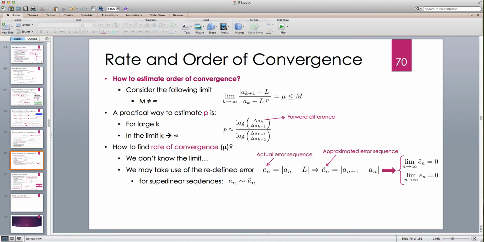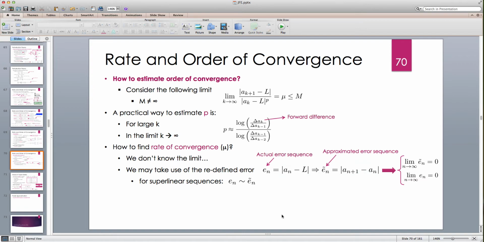And you can prove that if the sequence has a superlinear convergence, then the limit of e_n over e_n tilde is 1. That means that these two errors are equivalent to each other. So you can use this in the original definition and try to find mu. If you just search on Google for the rate of convergence and how to practically find it, you can find articles about this kind of approximations.